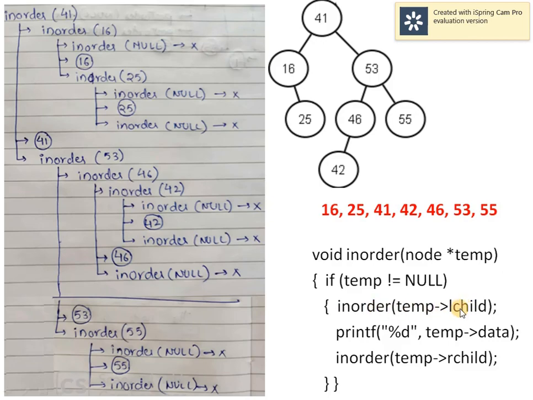Once we have visited the left child, we can print the data of the parent and then we have to call the in-order procedure for the right child. So for the same example, here's the stepwise execution of the function. You can execute it on your own, and in case of any issue, do ask me.